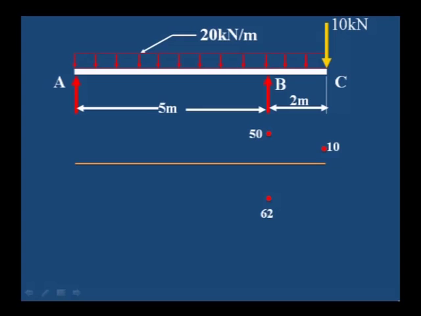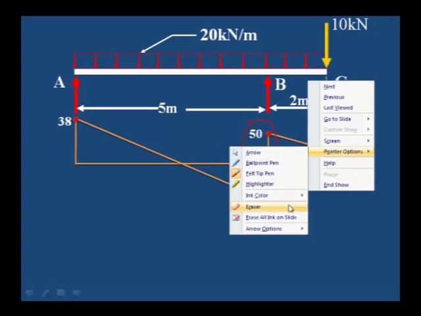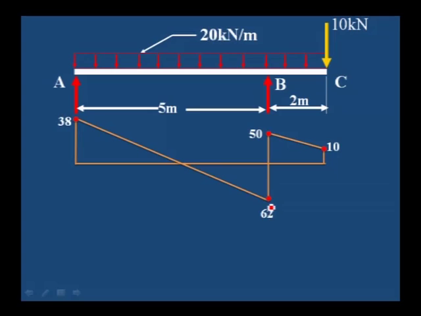Let us draw the shear force diagram. What you can observe here: 10 kilonewton vertical drop, and here 112 is the vertical drop, from minus 62 plus 50, and then 38 is the RA value.